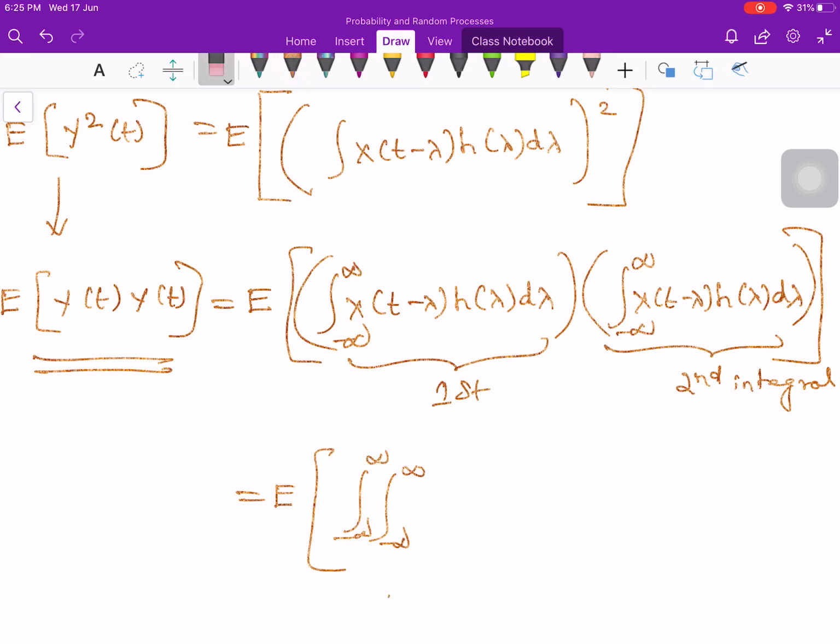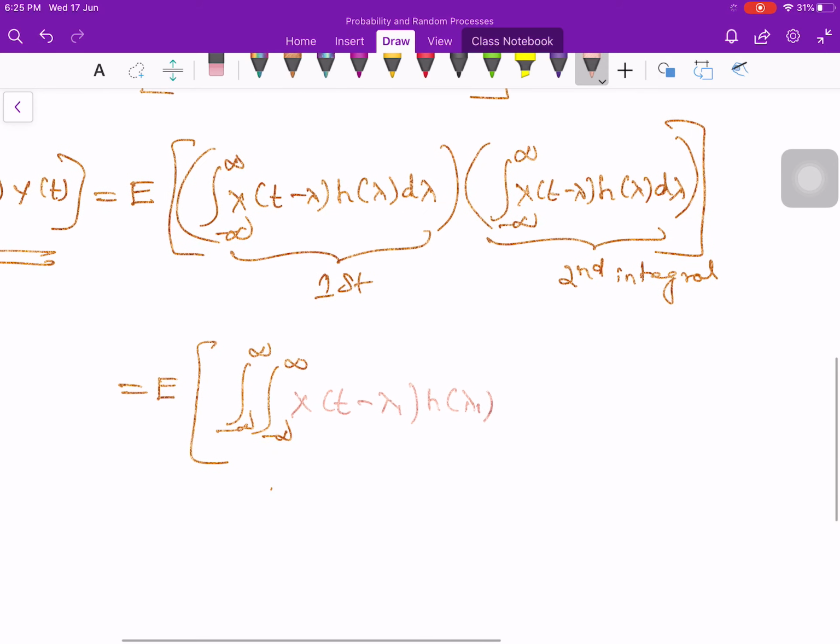Now, x of t minus lambda 1 times h of lambda 1, times x of t minus lambda 2 times h of lambda 2, times d lambda 1 d lambda 2. You can write it like this; both are equal, valid expressions.